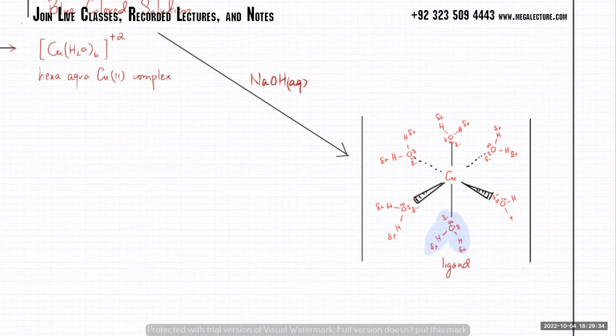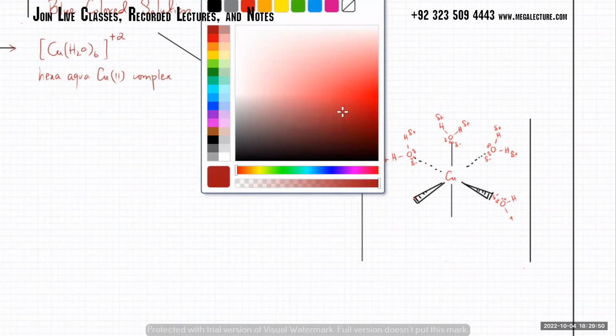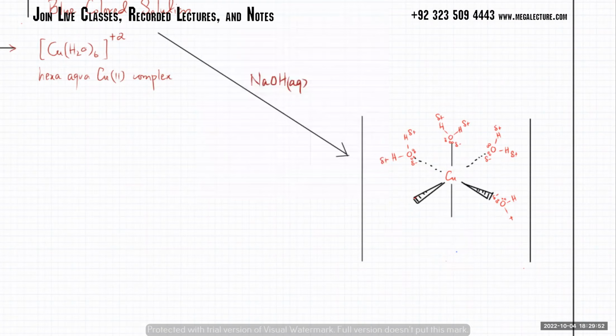So some of these water molecules are going to be replaced by OH ions. These OH ions, with their lone pairs, will knock out a few of the water molecules.